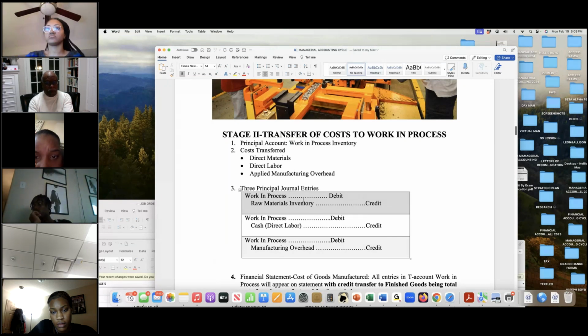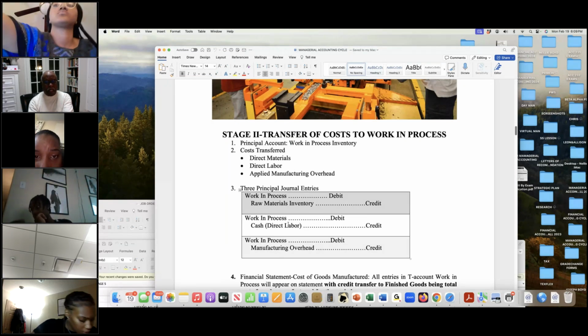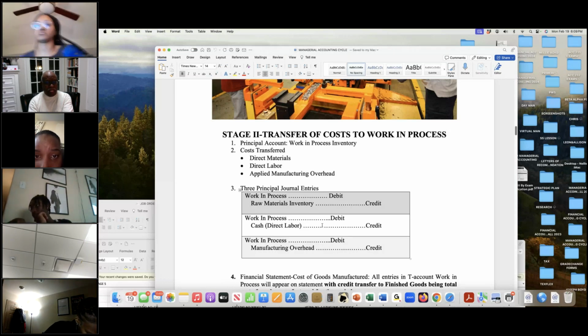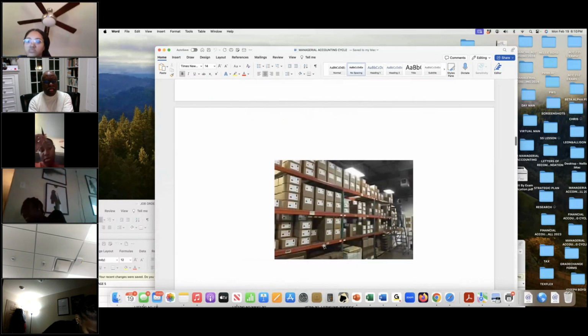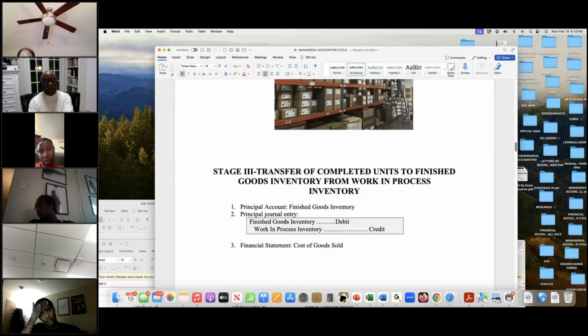We're going to record the labor, and we're going to record the manufacturing overhead. So those things occur in stage 2. In stage 3, once we've made the item, we transfer all the cost of making it from work in process to finished goods.